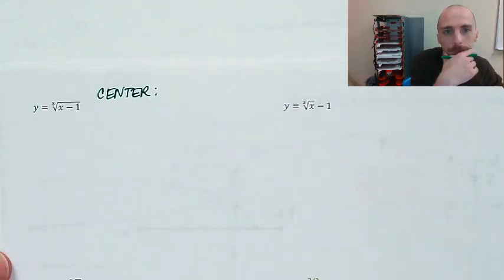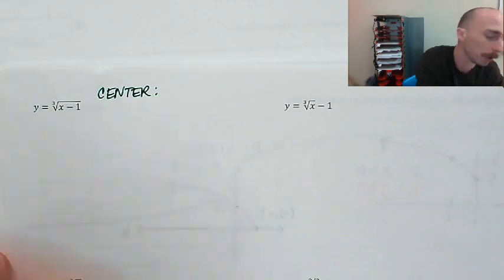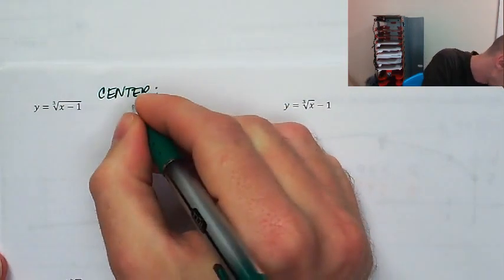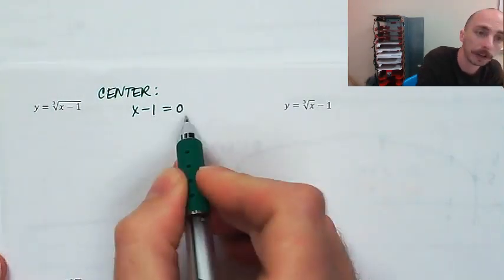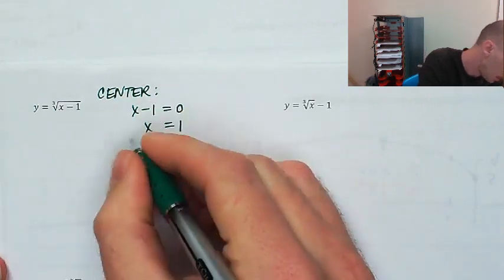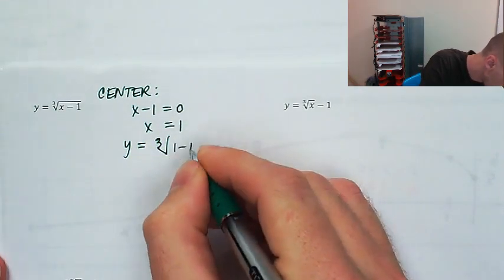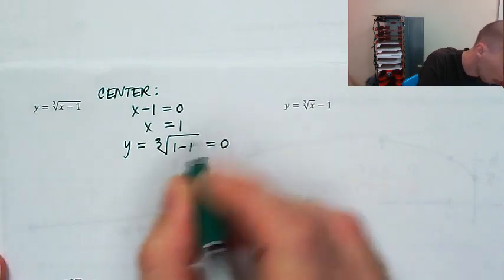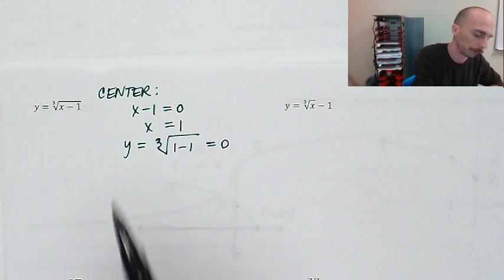But over here, the thing on the inside needs to equal 0. So I grab that x minus 1, I set it equal to 0, I solve, and I get x equals 1. Then y is equal to the cube root of 1 minus 1, which is equal to 0. So the center is at x equals 1 and y equals 0.